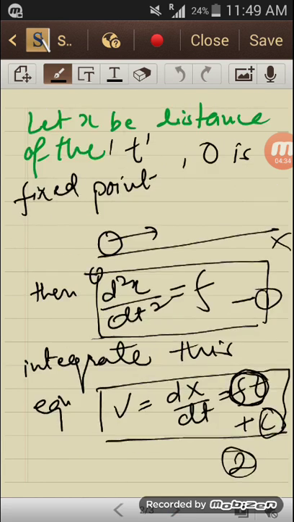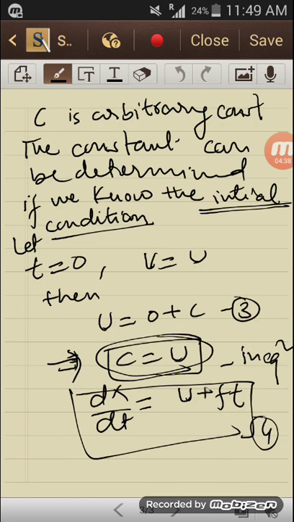So we have equation first, then second, this is equation third, and this is 4. Instead of naming this equation 3, we will name it like this for simplicity.